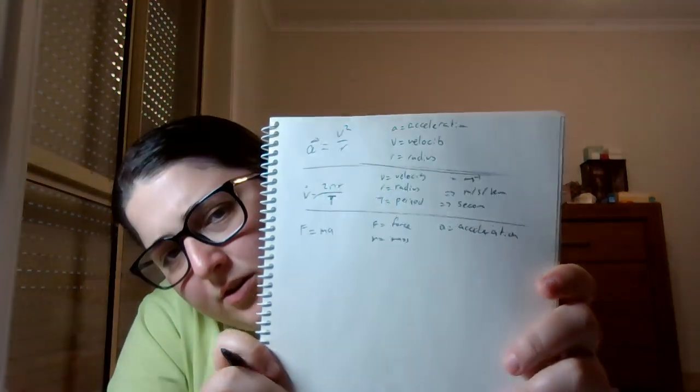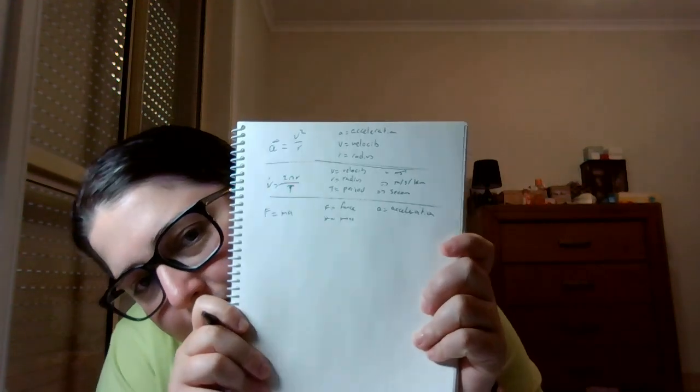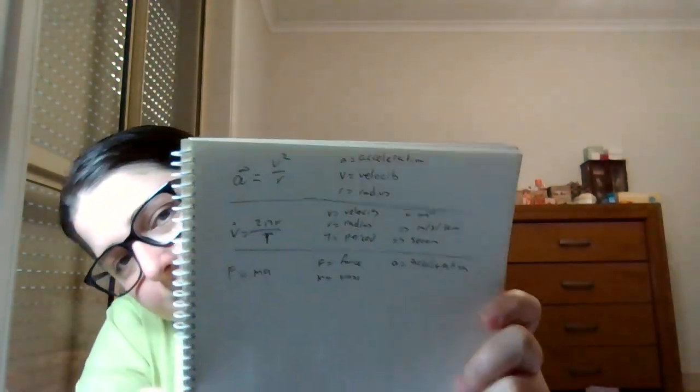Okay, and F equals ma. F is force, m is mass, and a is acceleration. Alright? So there's all those formulas broken down into their parts. Those are the 3 main formulas for this section of the course.